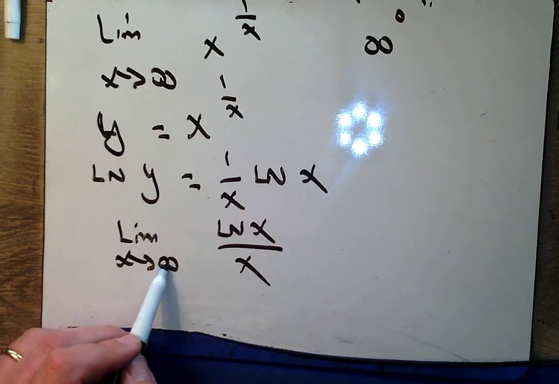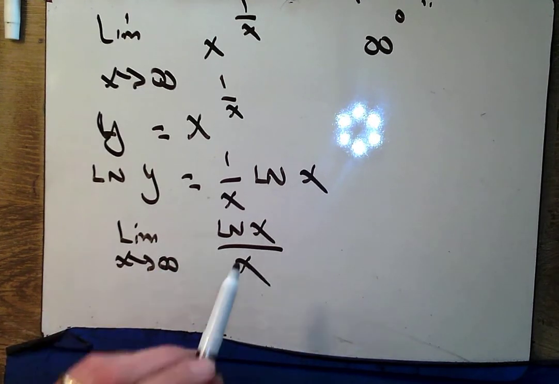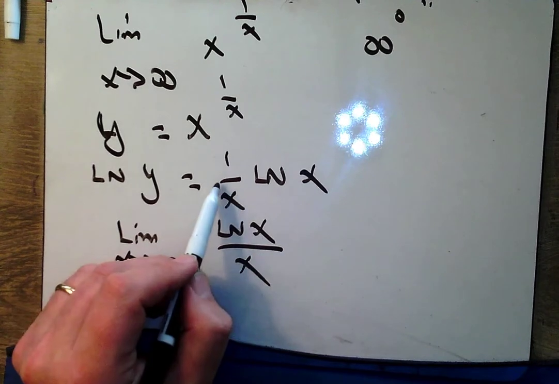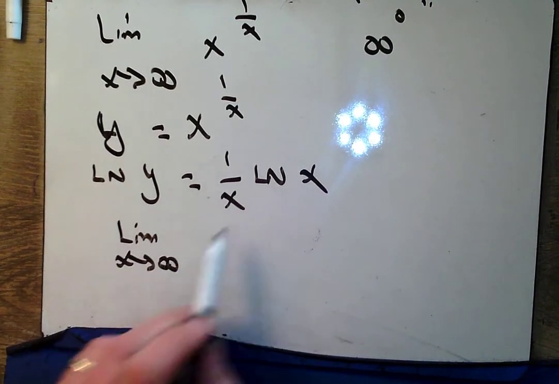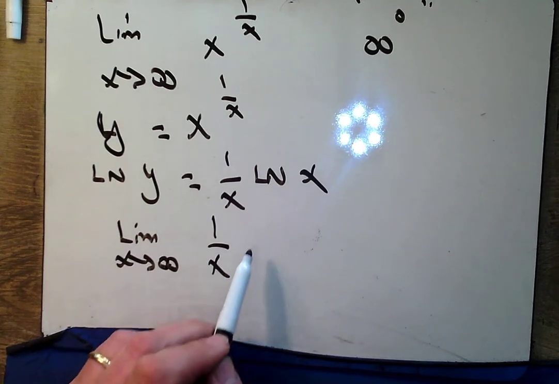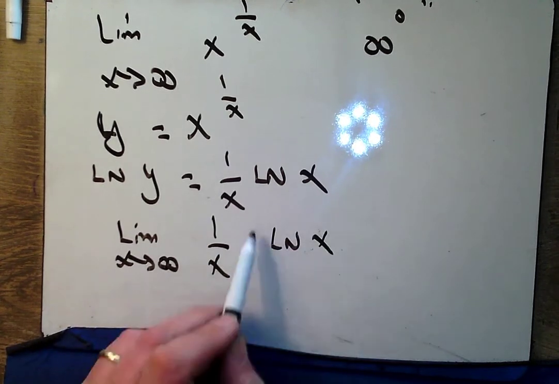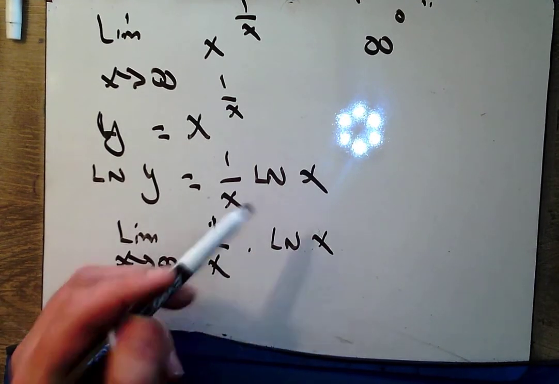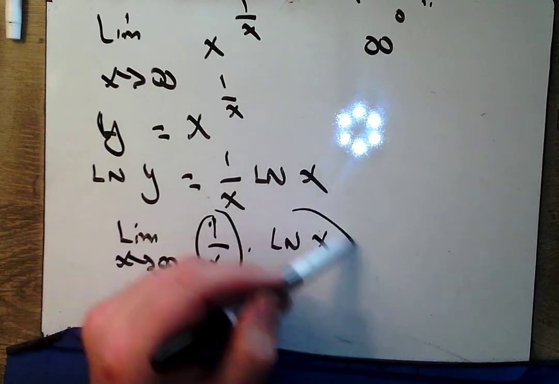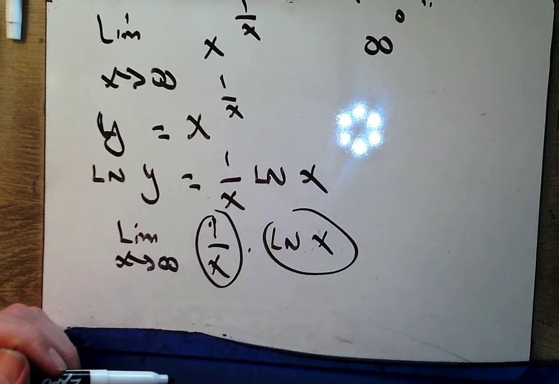So this is actually harder on the brain than this. And so I'm actually going to do this one. If I plug in my infinity, this heads to infinity. 1 over infinity is 0. So I have 0 times infinity, which means I want to set one of these into the denominator upside down.